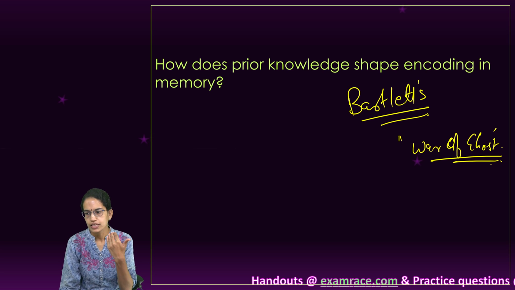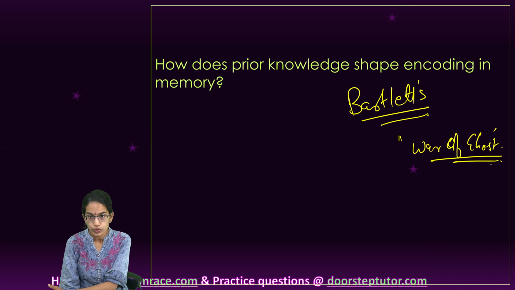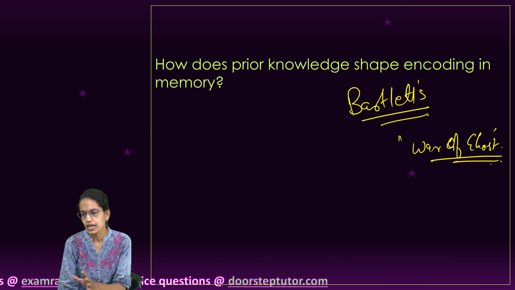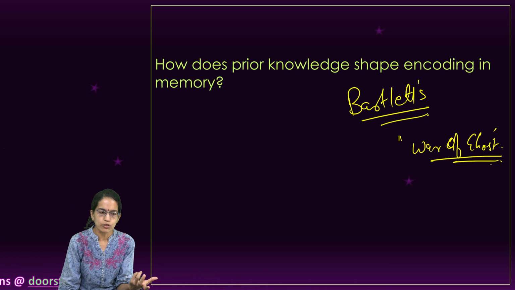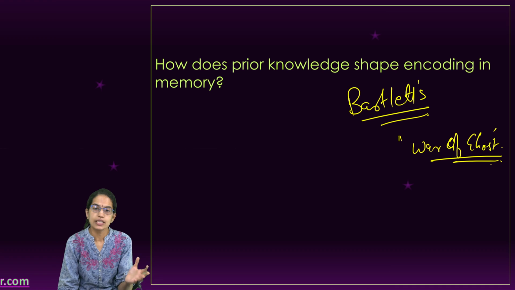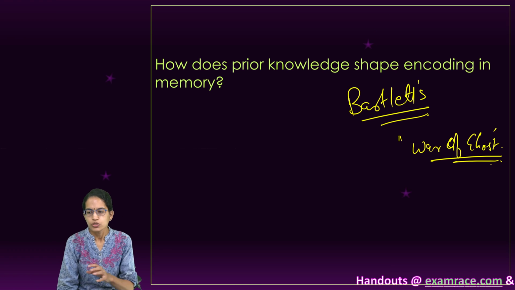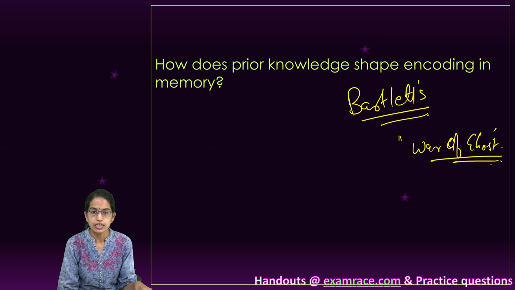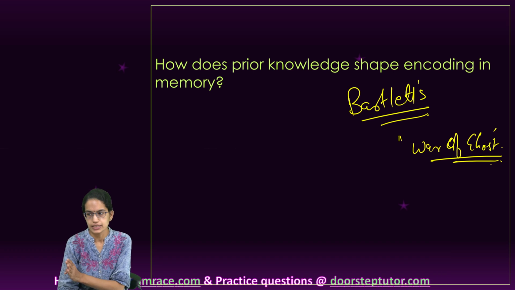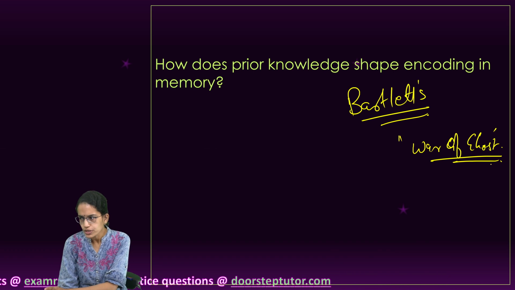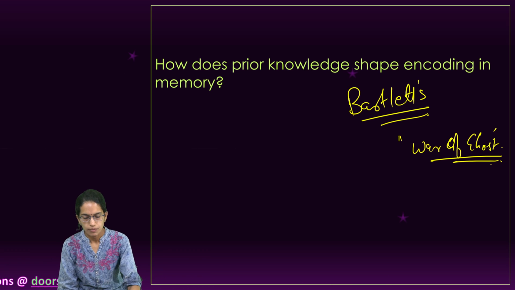And when the subjects changed the story to fit their own cultural perspective, it was distorted, because canoes changed to boats, and similarly there were different changes in the word formations. So this experiment helped find out how memory was affected by culture, and how their knowledge and culture affect the way they think and remember. So that was Bartlett's theory.